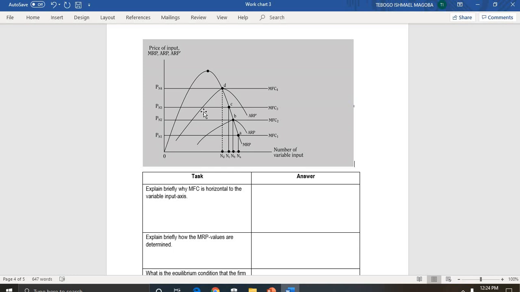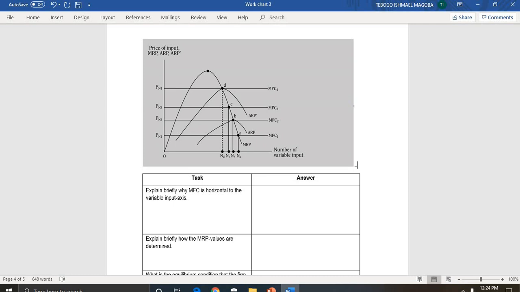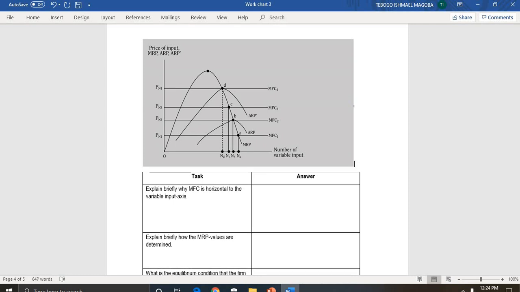So no participant or firm has control over the wage. That is why it is perfectly elastic.